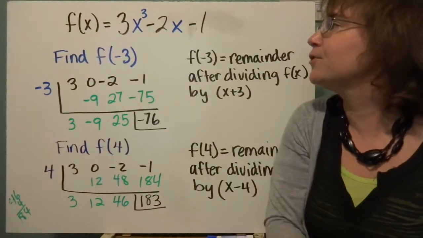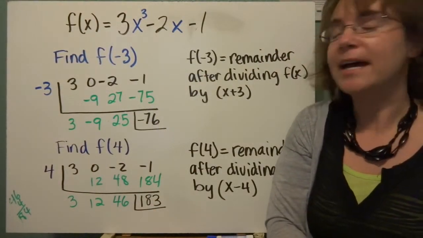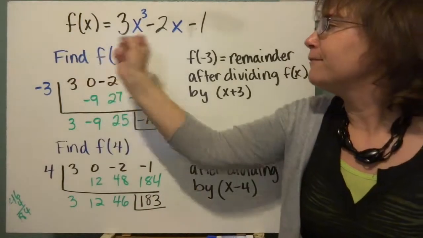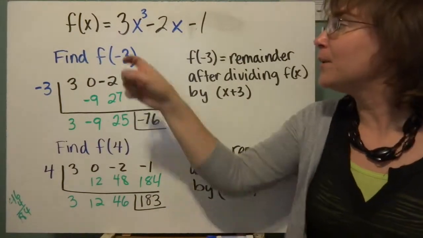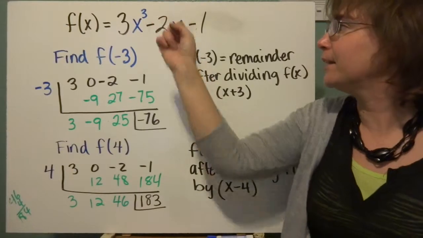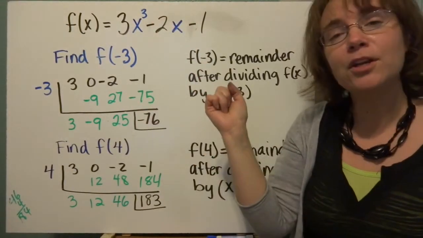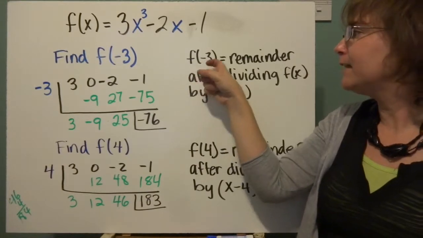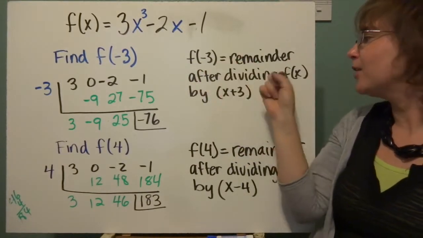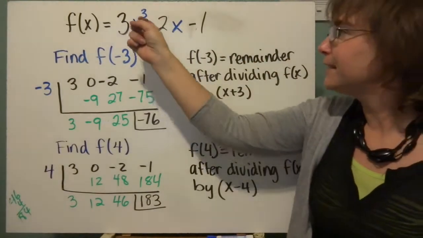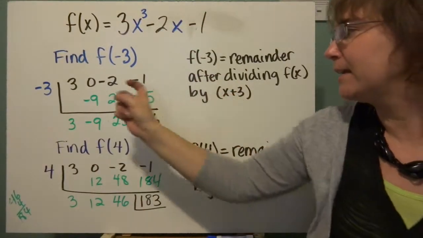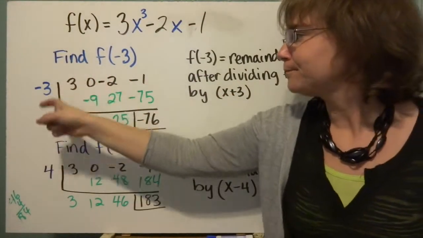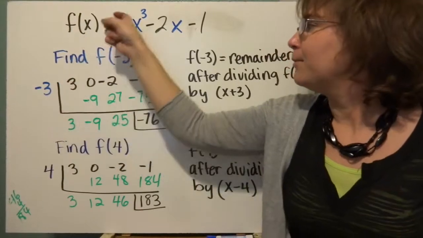f of x is equal to 3x cubed minus 2x minus 1, and we want to find f of negative 3. Now we could substitute a negative 3 in there and figure it out, but we're going to use the remainder theorem. So I know f of negative 3 equals the remainder after dividing this f of x by x plus 3. So here's my division. I have a negative 3. I wrote my coefficients.